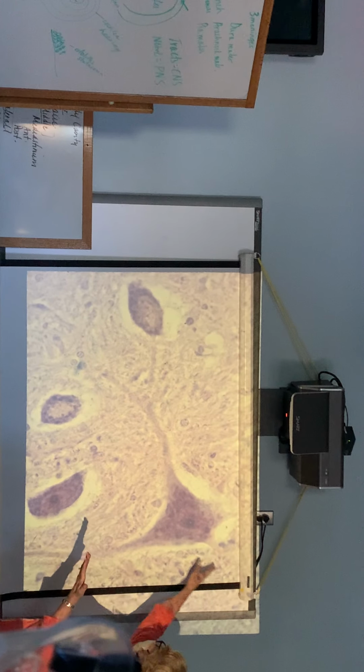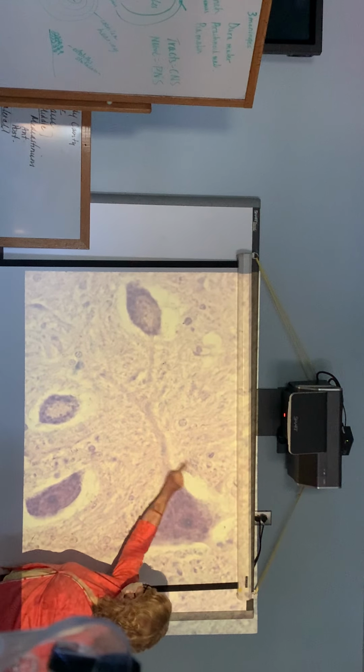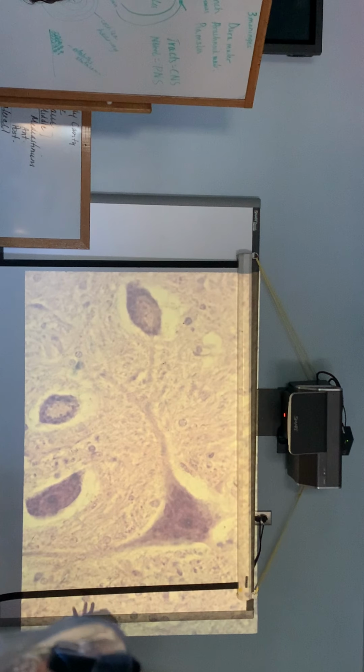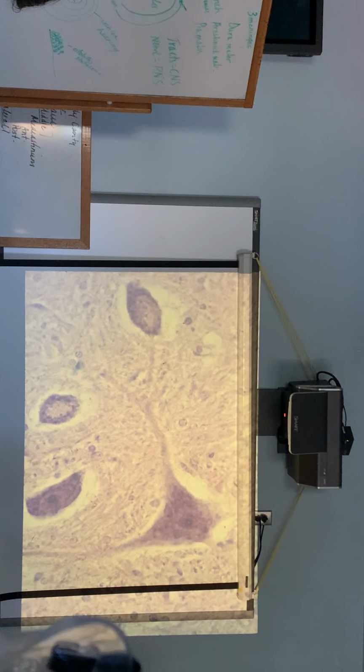Now here we don't know which one of these it is, but it's multipolar, because we can see 1, 2, 3, 4, kind of 5 processes in just this one view. So we know it's multipolar. It is one of our alpha motor neurons. There's the nucleus with a distinct nucleolus, very common.